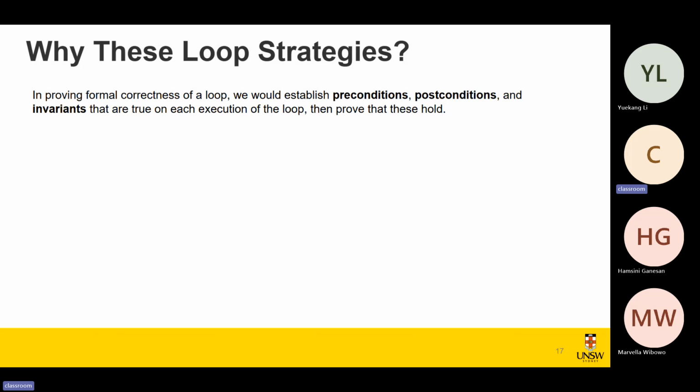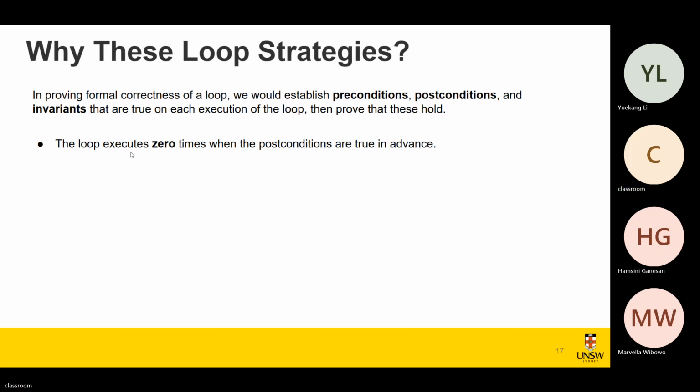Because it's formally proved that a program will behave in certain ways. So the strategy we just introduced actually echoes the idea of how people formally verify the properties of loops.